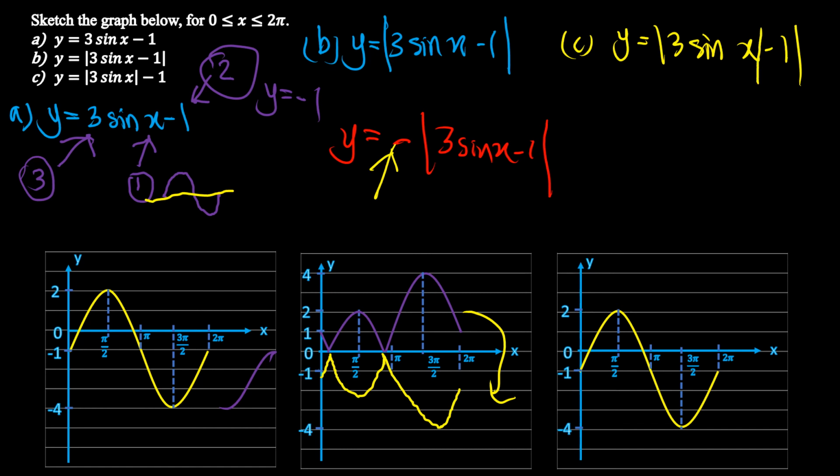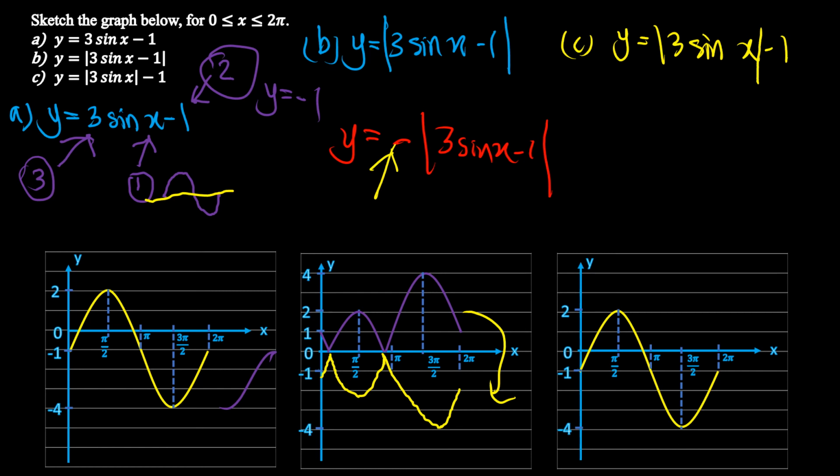If you want to sketch a question like this, you have to start with your normal graph, which is 3 sine x minus 1. So you will get the first graph, the part A graph. You have to draw your part A graph first. Only then do you start with your modulus 3 sine x, modulus, minus 1.